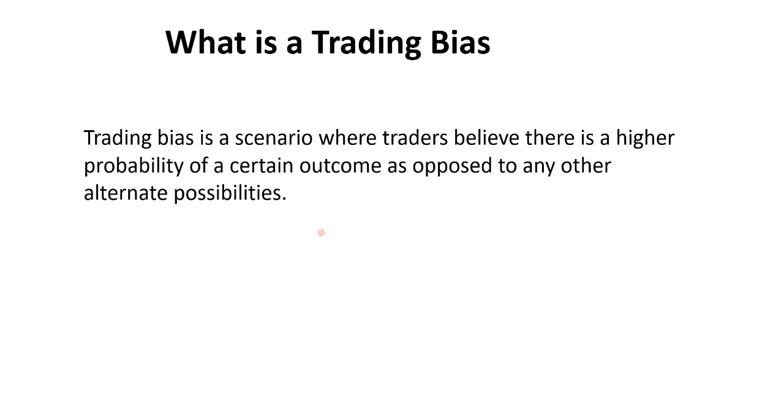Okay, take a trader for example. This trader wants to make a decision on the chart he is looking at. Let's say it is Euro USD. He wants to make a decision of whether to buy, to sell, or to stand aside. So this is what we are calling a bias, a probability of a certain outcome.